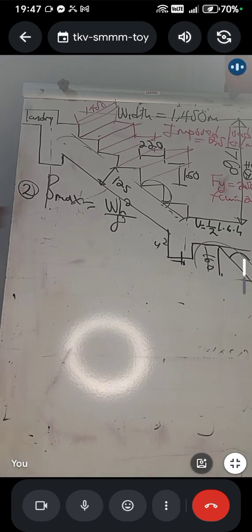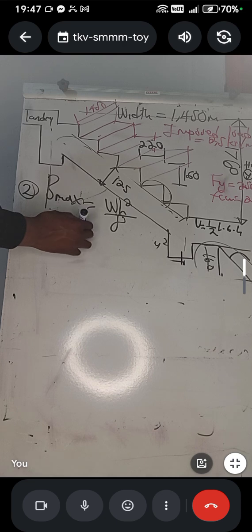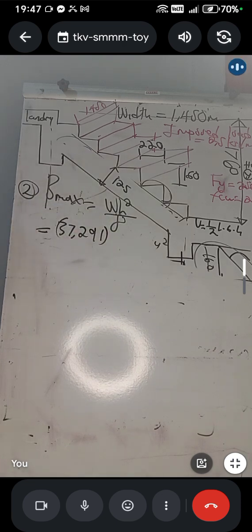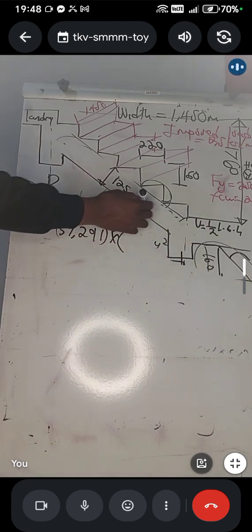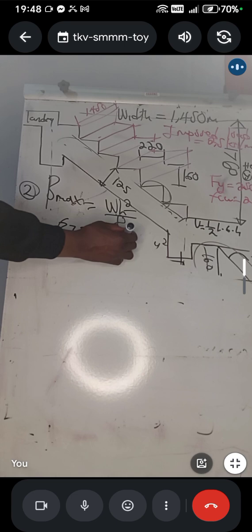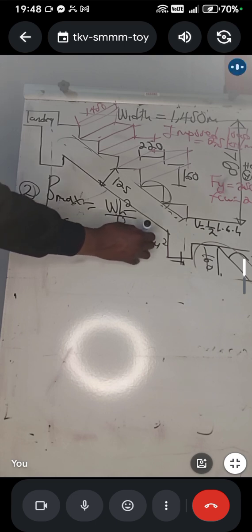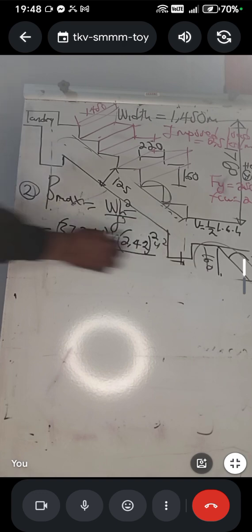So now you calculated that 37,291. Then you multiply by the length, which is the base of the staircase. The length is 2.4, is it 2.4? Squared, divided by 8.